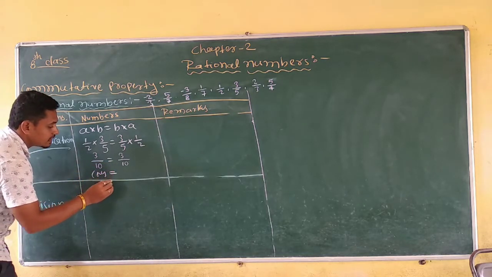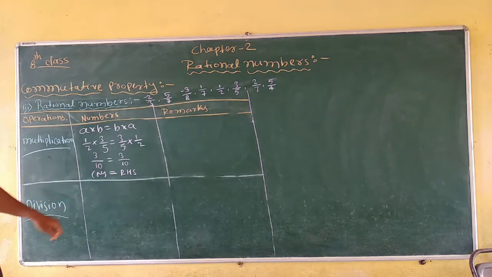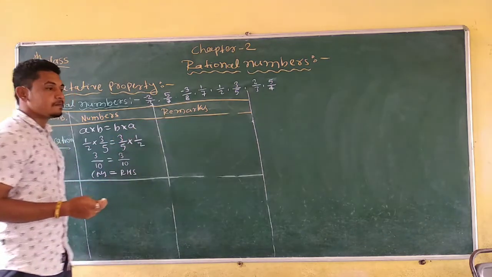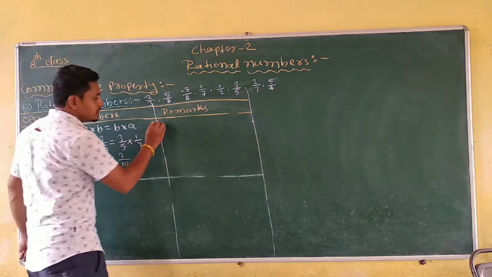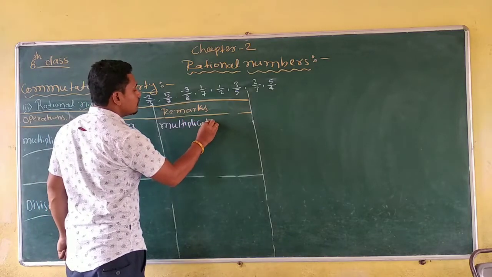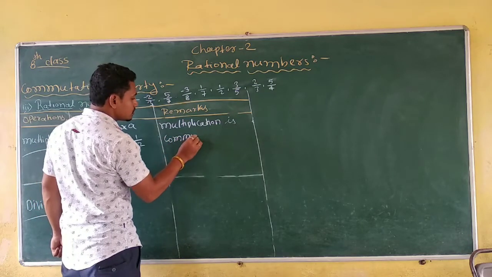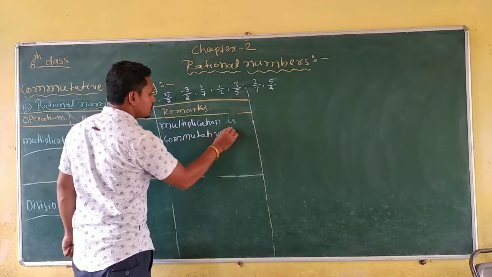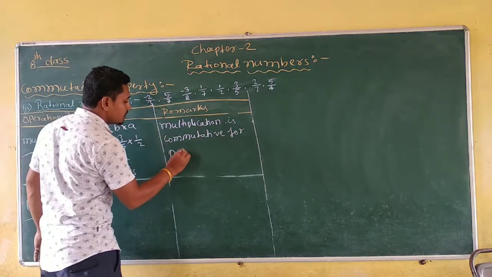The left hand side is equal to right hand side. Then our remark is that multiplication is commutative for rational numbers.